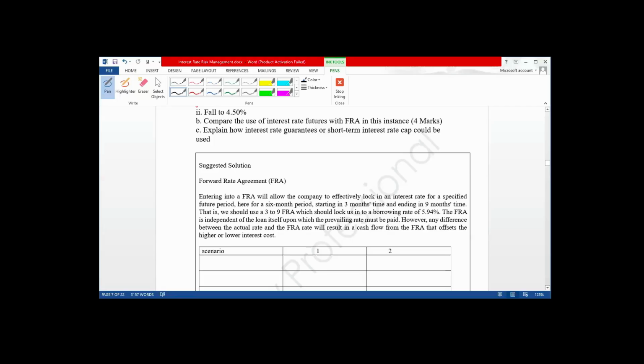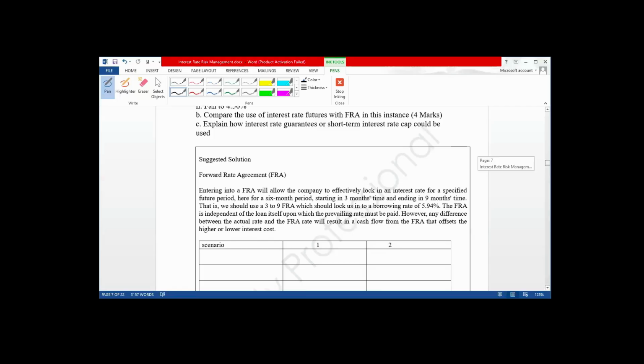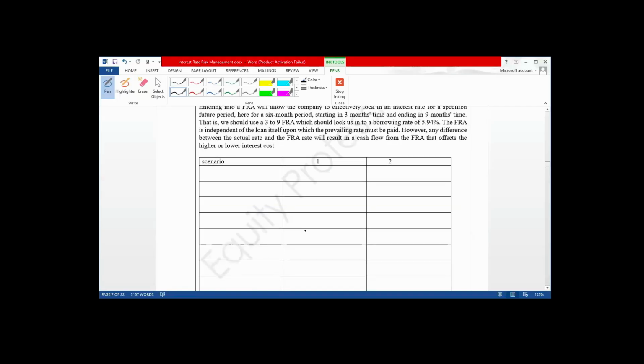Examiner says, assuming on the actual borrowing date, the interest rate happens to be 6.5% or 4.5%. You can treat it like this. Your FRA rate, what you agree to pay with the FRA, is 5.94%.